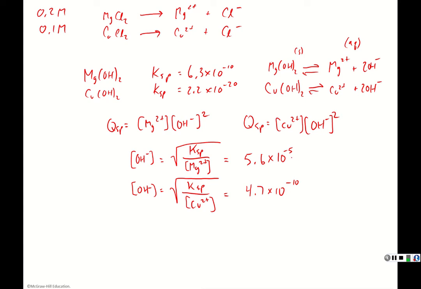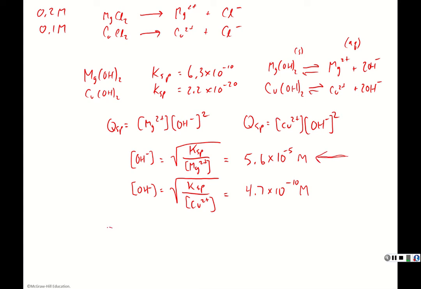So we could add 5.6 times 10 to the minus 5 molar OH minus to this solution and not have any magnesium precipitate out. And likewise, for copper, we can only add 4.7 times 10 to the minus 10 molar, so much, much less OH minus that we could add until we precipitate some copper out. So copper is going to precipitate first. So if you added OH minus to this point, you're going to precipitate out the copper.